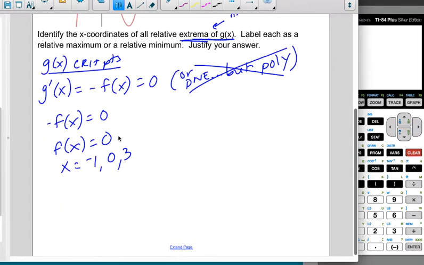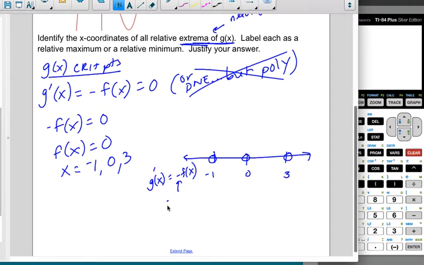So if we want to make a g prime sign chart, we know g prime is 0 here, here, and here. So g prime of x is the opposite of f of x. This is my g prime sign chart. Here's what I know. I know g prime is 0 here, here, and here. But see how g prime is the opposite of the given graph?